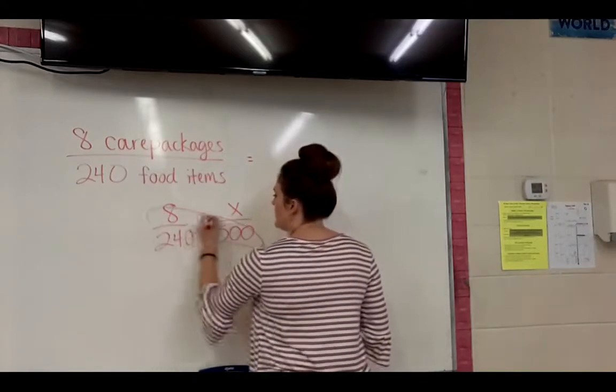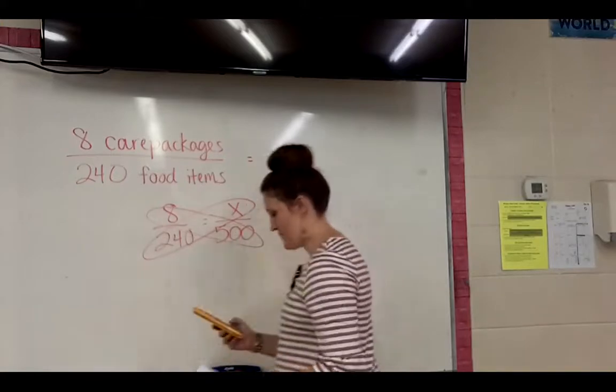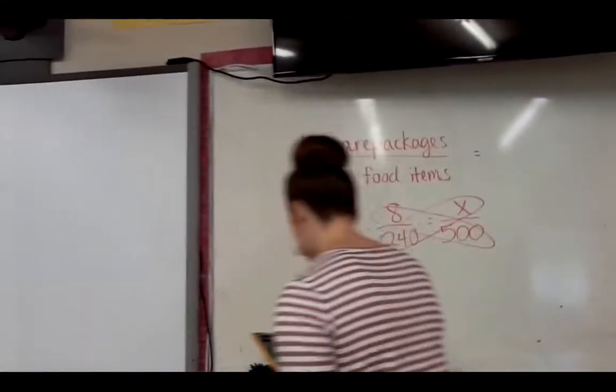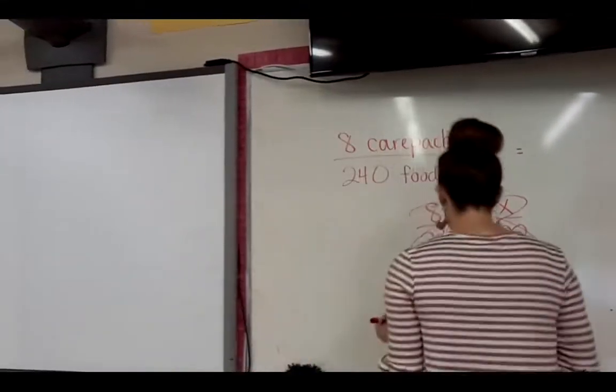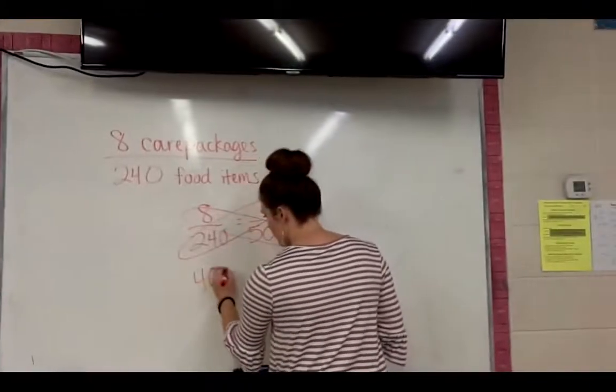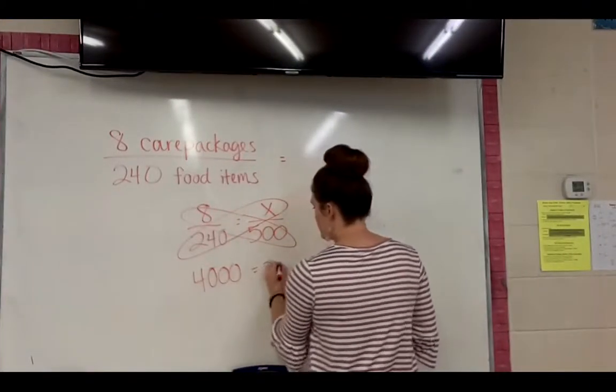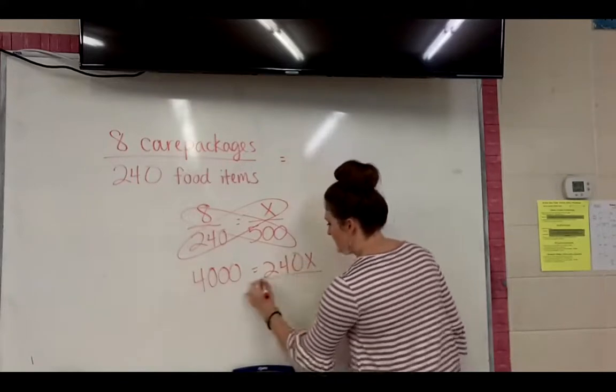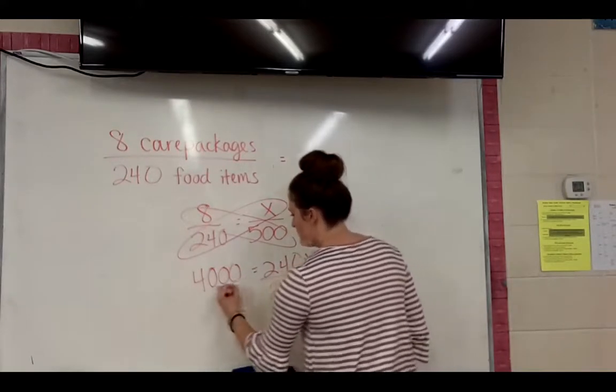So now we cross multiply. I have 500 times 8, that is 4,000, equals 240x. I divide both sides by 240.